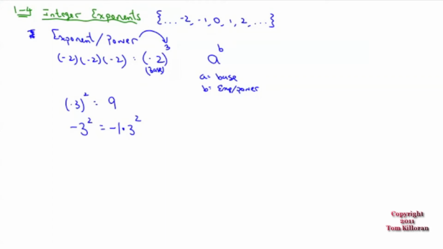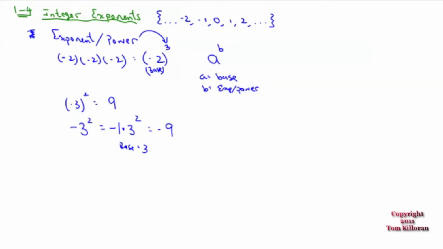Now, the base here is just plain old 3. It has nothing to do with the negative 1. The negative 1 is not being raised to the power, just the 3 is. And of course the exponent is 2. So this becomes negative 1 times 3 squared. 3 squared is 9. Again, you have to do the square first because of the order of operations, and then that negative just attaches itself. So there's a big difference between negative 3 all squared and negative 3 squared.